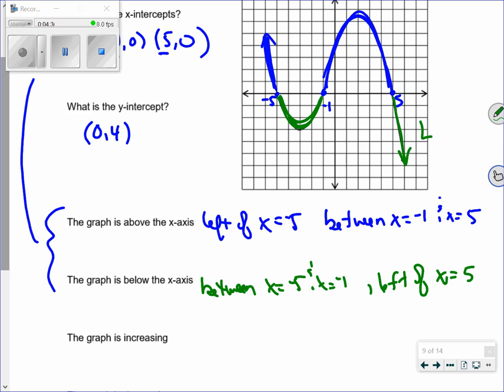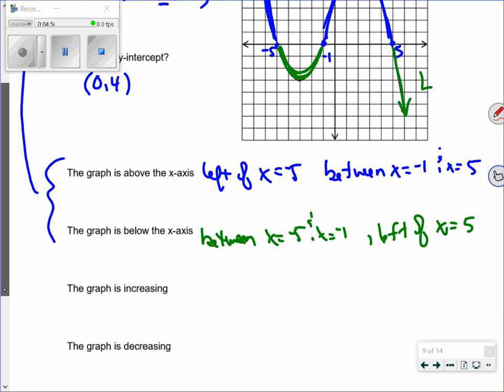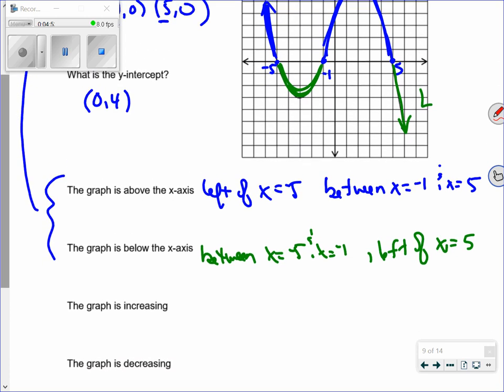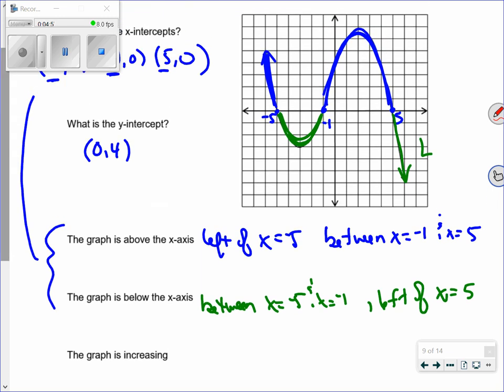Now, I wish we could have 2 separate graphs so you can highlight both of them, one color for above and below and a different color for increasing. But for right now, I'll just take the red and sort of talk through the increasing and decreasing part of this graph. Sometimes when I do these, instead of answering increasing and then decreasing, I try to just work my way across. So start all the way at the far left. I'm going to start high and I'm going to decrease down to here.